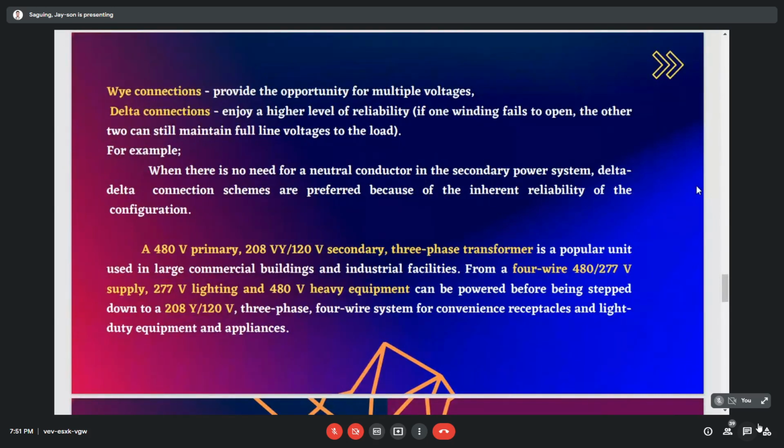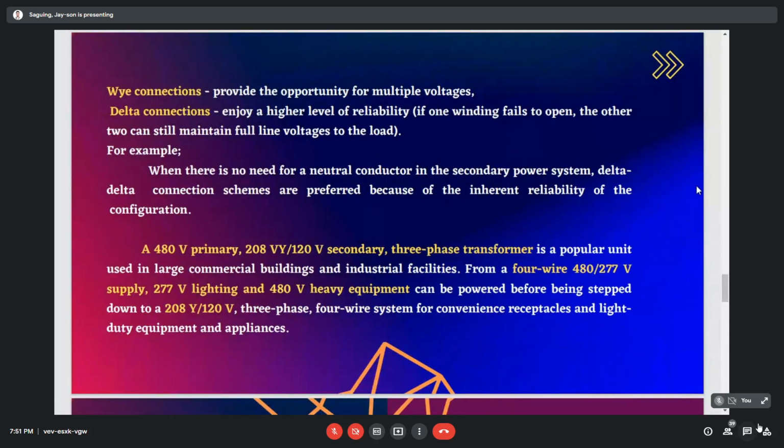A 480 volt primary, 208 volt Y over 120 volt secondary 3-phase transformer is a popular unit used in large commercial buildings and industrial facilities.